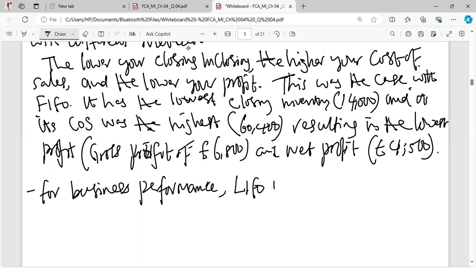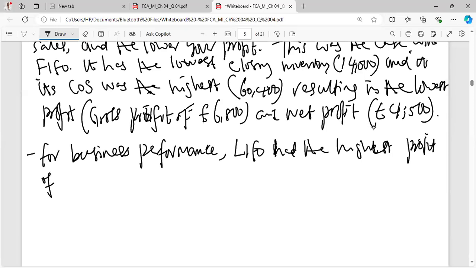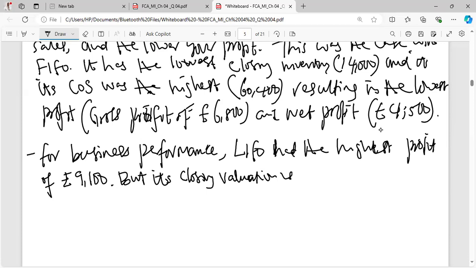LIFO had the highest profits of 9,100, but its closing valuation is unrealistic compared to the others.